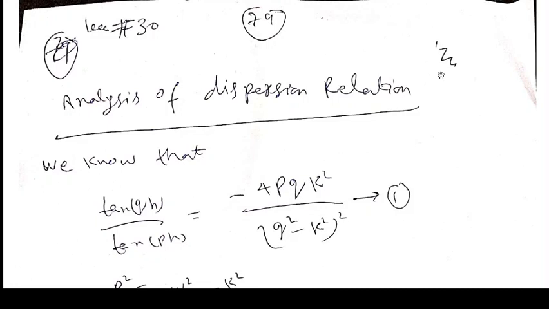So normal behavior and anomalous behavior, we have discussed which type of mode has normal behavior and which type of mode has anomalous behavior. Anomalous behavior in the sense of the change in the sign of the slope.